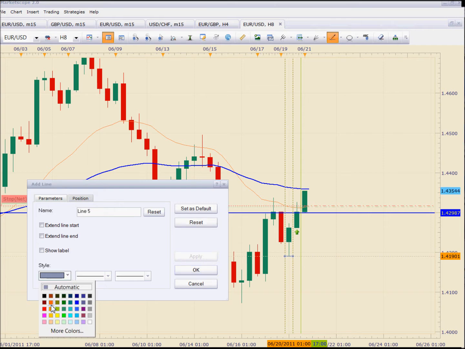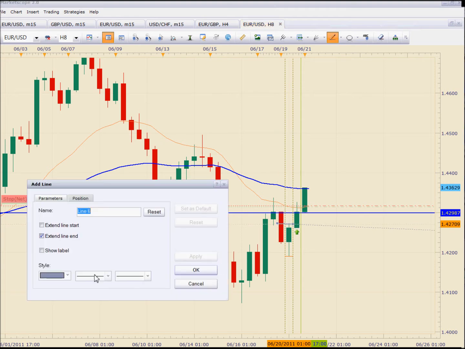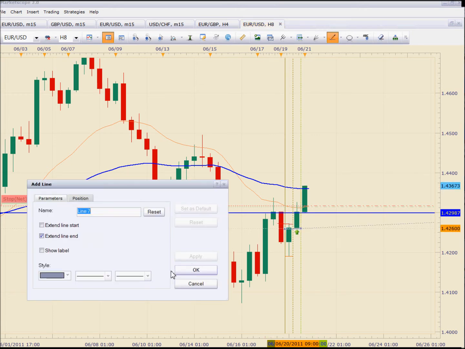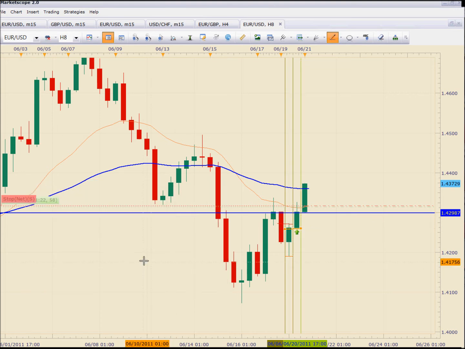This is the high of this last 8-hour candle. And then the next candle, the low is right there, and the high right here.